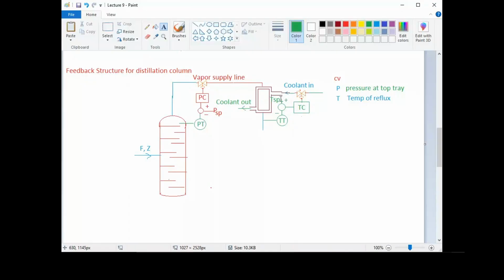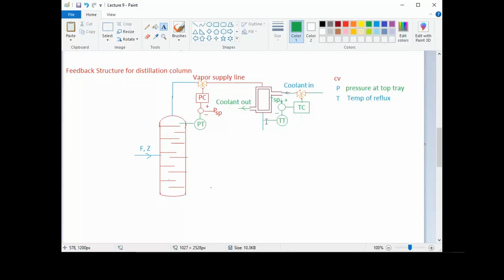Right, so what we did here, after condensation we will get fluid accumulated as reflux in the reflux drum, right? So we have to maintain the temperature of this reflux here. So this is our controlled variable.